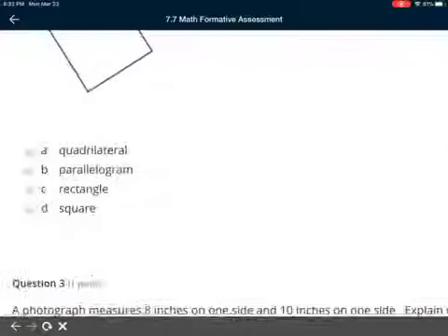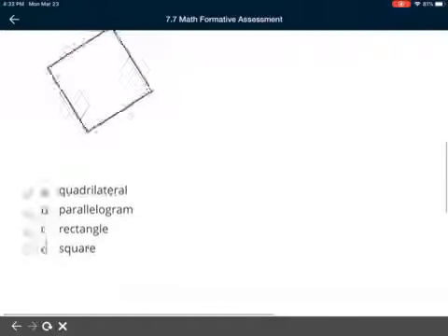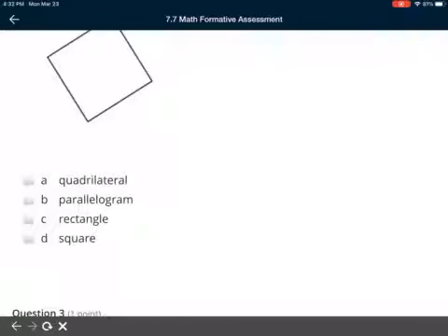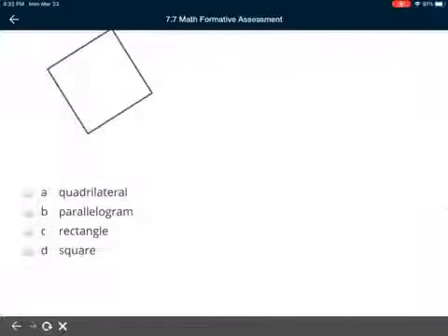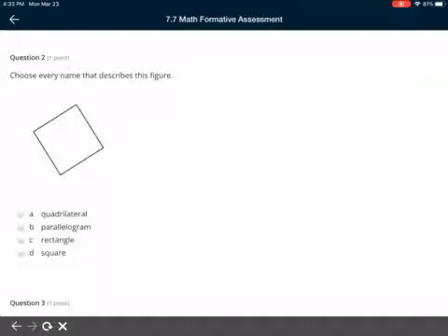Okay, quadrilateral. Quad, that means 4. Oh, okay, so I think that helps. Parallelogram. That has that word parallel in it. Okay, rectangle. Rectangles have 4 sides and 4 right angles. Okay, and square.